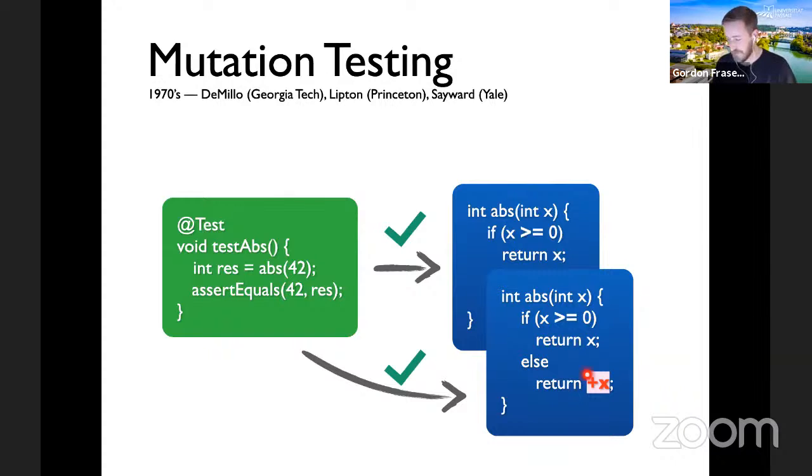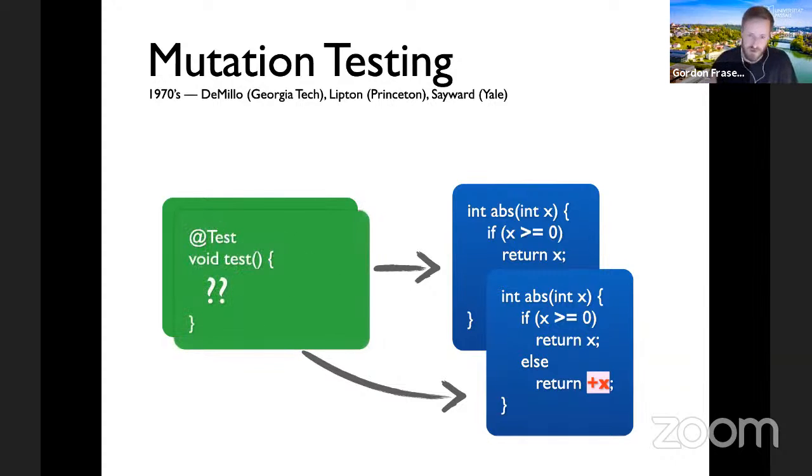We know if we make this mistake, our test suite will not detect it, so we need to add a new test case, whatever that test case might look like, such that if we run that test case on the original program, then the test passes, and if it runs on the mutated version, then the test fails. Right? So mutation testing guides us to improving our test suites because it tells us where we've missed parts, potential mistakes, and then we can write new test cases that check these bits.